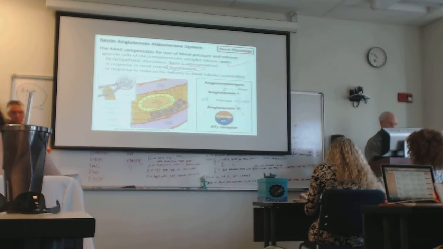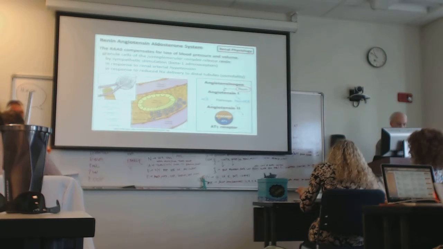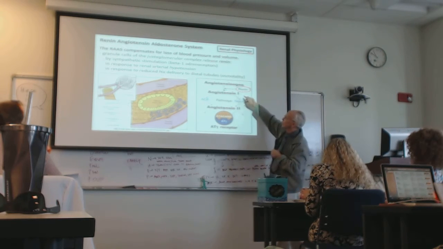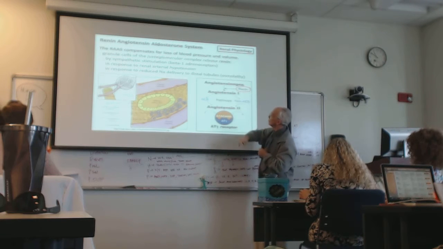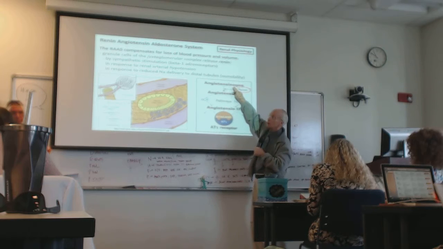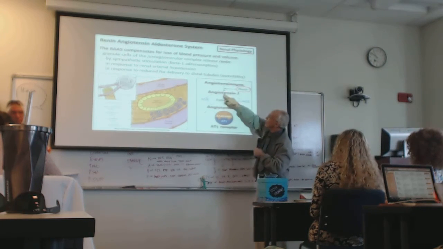Now, before we take our break, notice the little figure down here in the lower right. What does renin do? Renin is a hormone that's responsible for converting that horrible thing that Jeffrey was talking about earlier, angiotensinogen. By the way, what do you know about any word that ends in OGEN? It's a precursor. It's inactive. It's a preliminary inactive form into angiotensin 1.